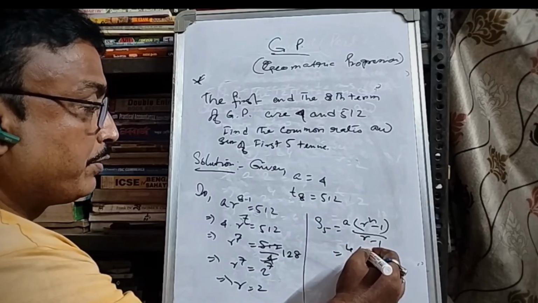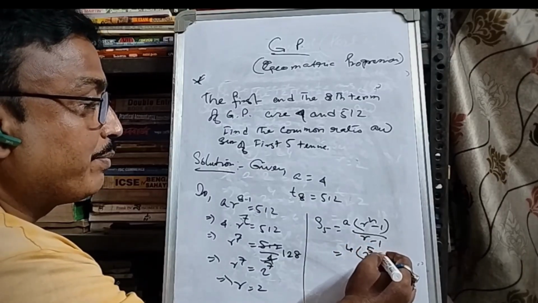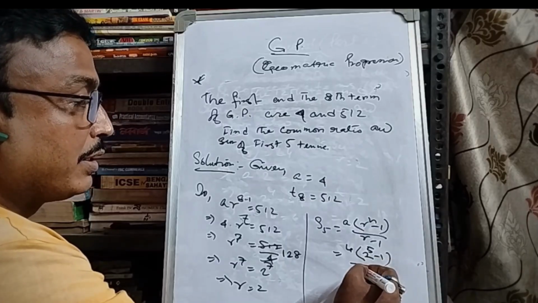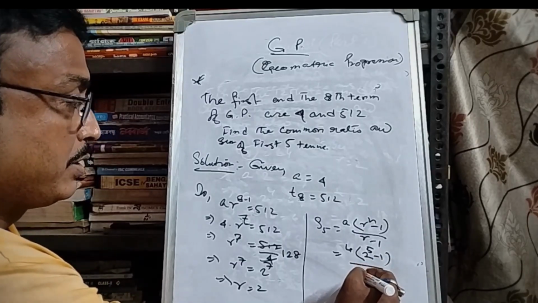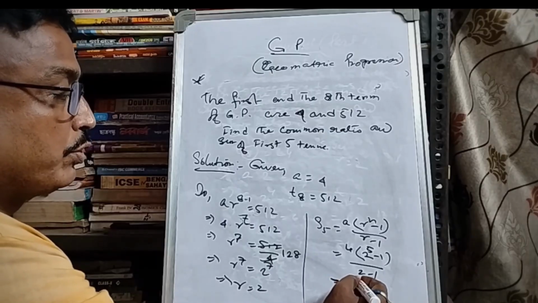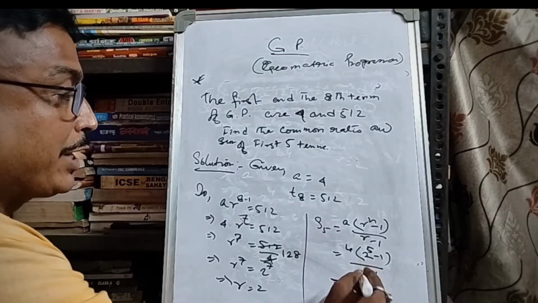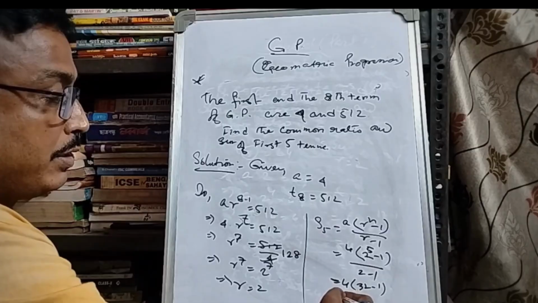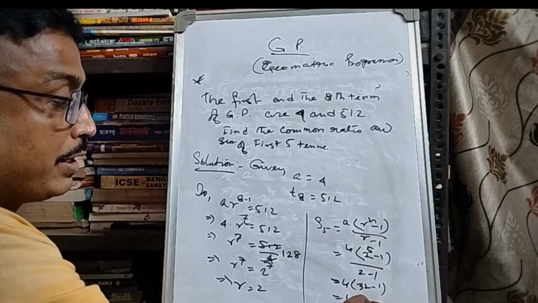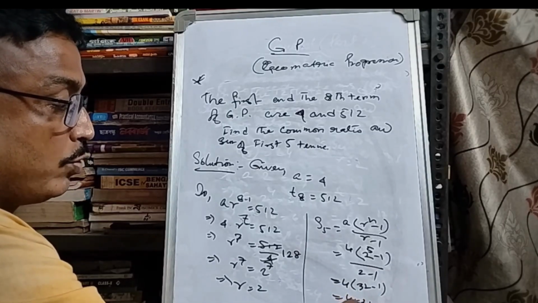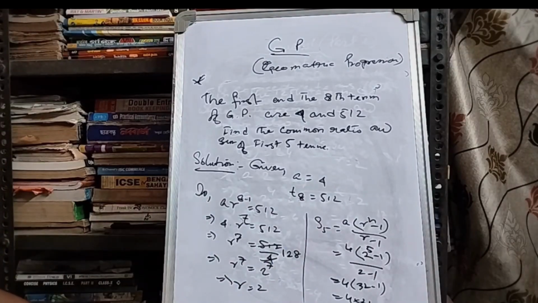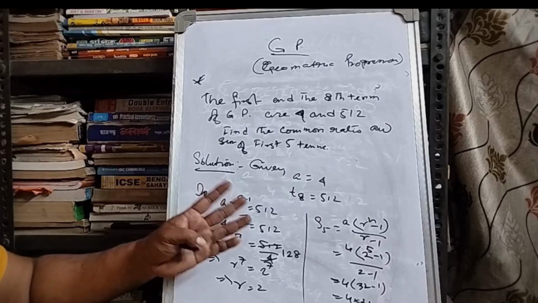That is 4 times 2 to the power 5 minus 1 by 2 minus 1, which is 4 times 32 minus 1, that is 31, which gives 124.